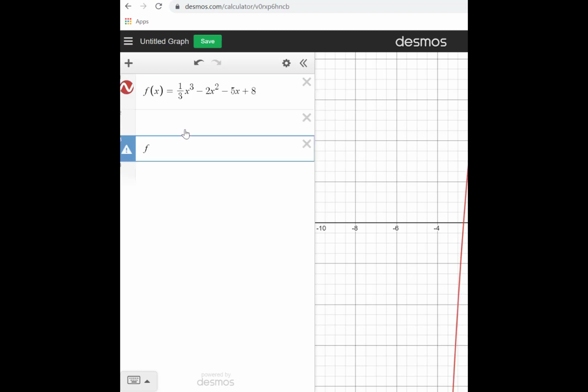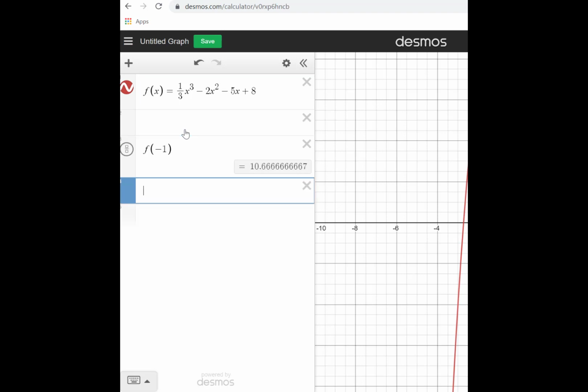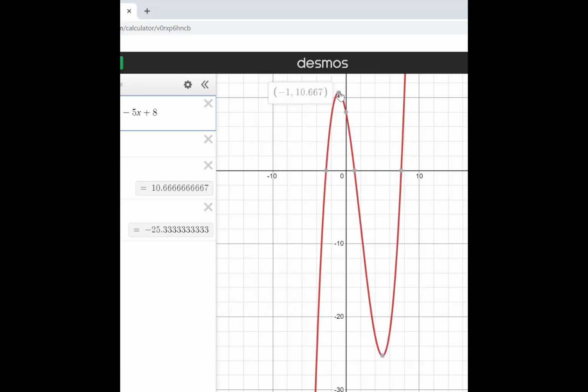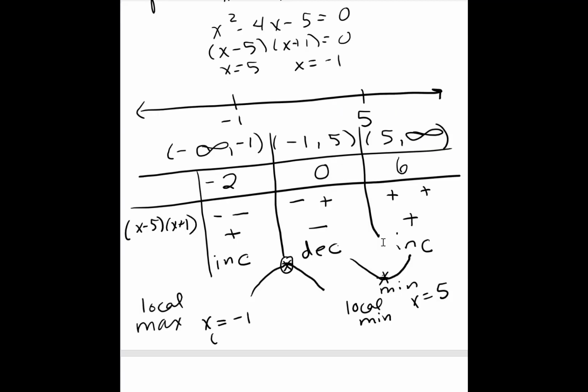Then we can find f of negative 1 and f of 5. Okay, so at negative 1 it says 10.67, and at 5 it says negative 25.33. You can also see on our graph that we have at negative 1 there's 10.67 as our maximum, and there's our minimum at 5, negative 25.33. So let's write that in. I have negative 1, it was 10.67, and then at 5 we had negative 25.33.